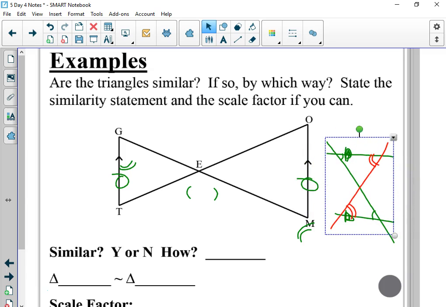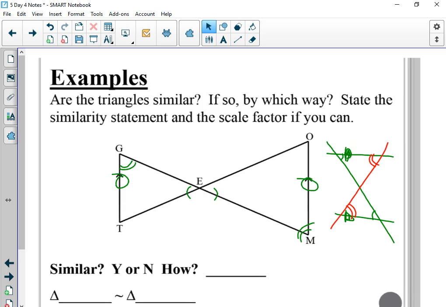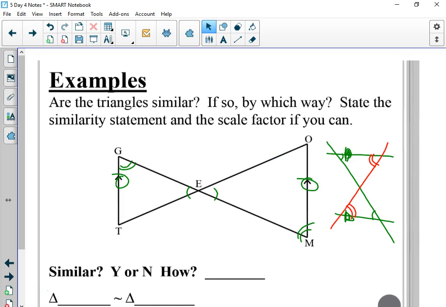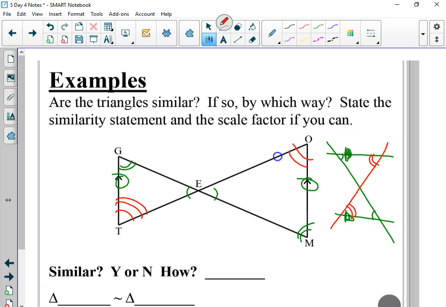But if we spun this, rotated it 90 degrees, we'd have our drawing that we have on the board right here. So therefore, we have alternate interior angles right there also.